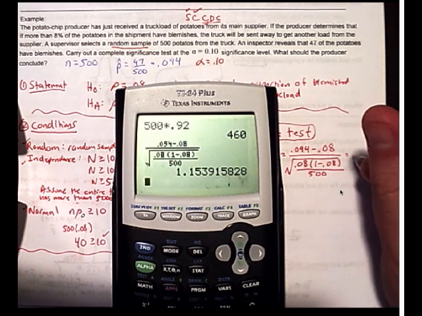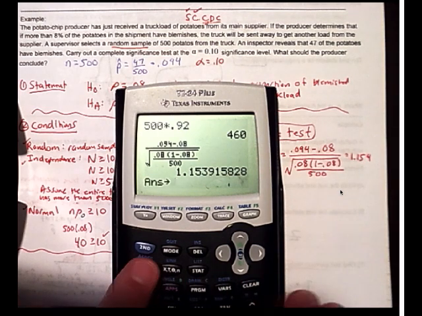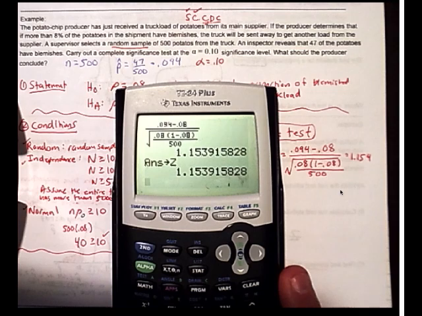Do all that and you get 1.154. I'm just going to store it temporarily as Z.